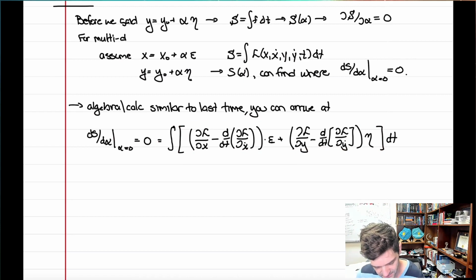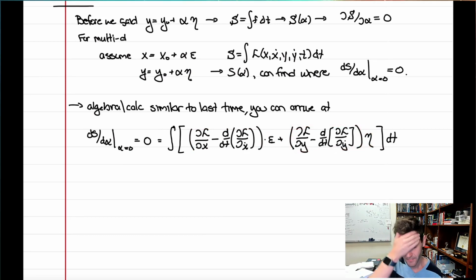But we have essentially two terms. One term that looks like the Lagrangian with respect to x multiplied by an arbitrary epsilon, and another with respect to y multiplied by an arbitrary eta. And this entire integral has to equal 0, no matter what eta is and no matter what epsilon is. Whatever you can dream up for epsilon and eta, and they don't have to be the same, they can be whatever you want, this integral always has to add up to 0.